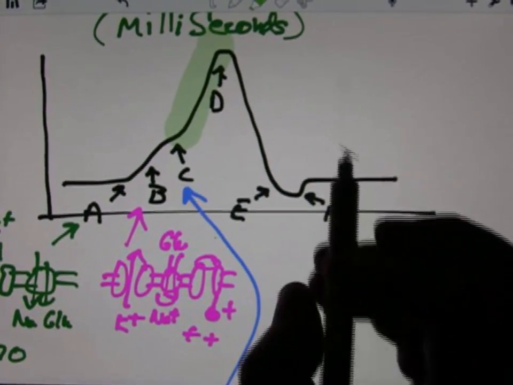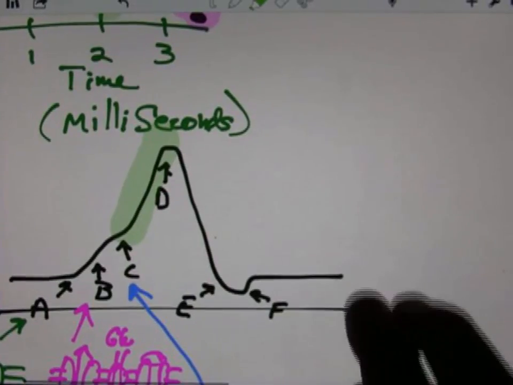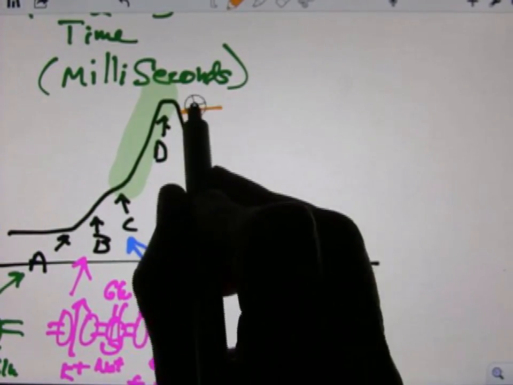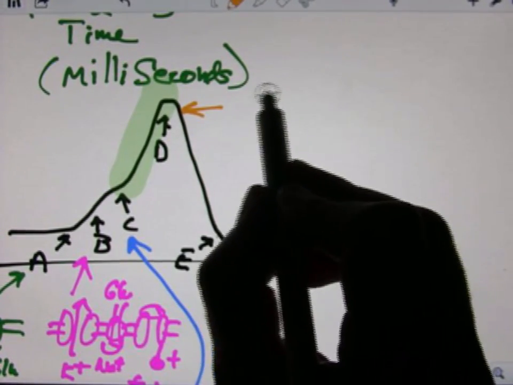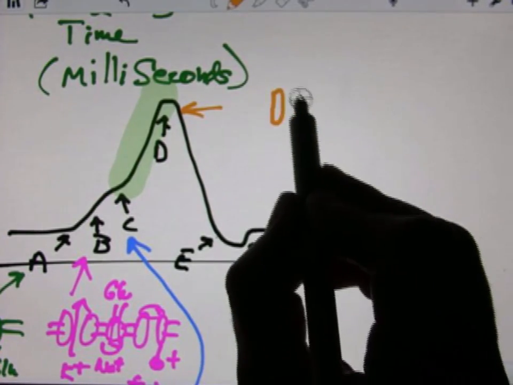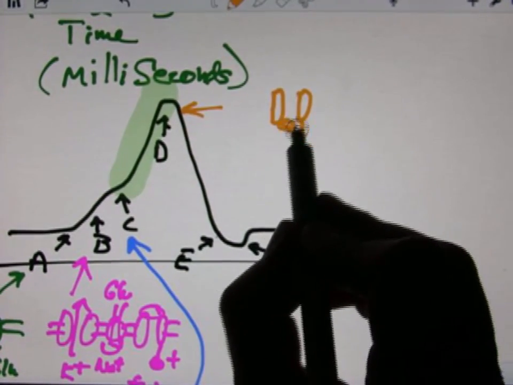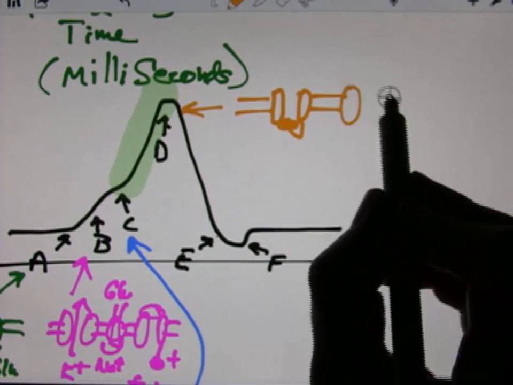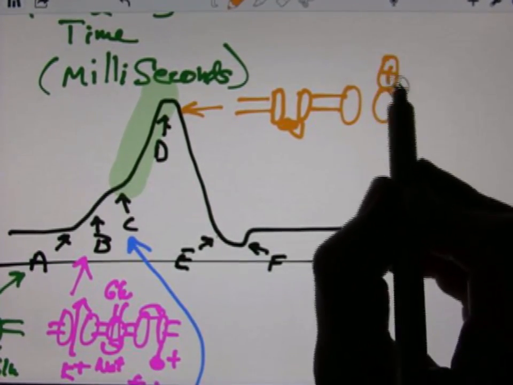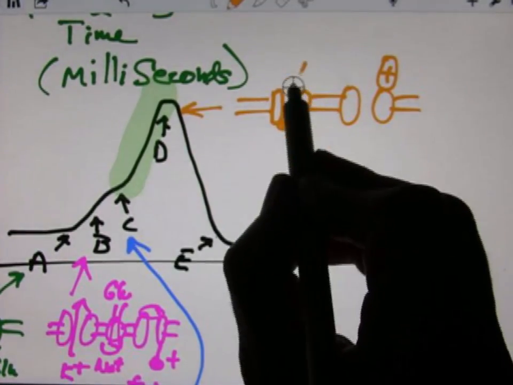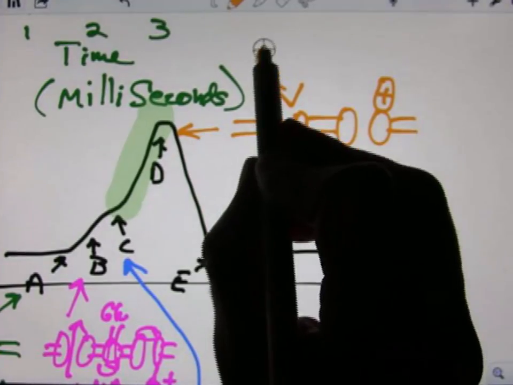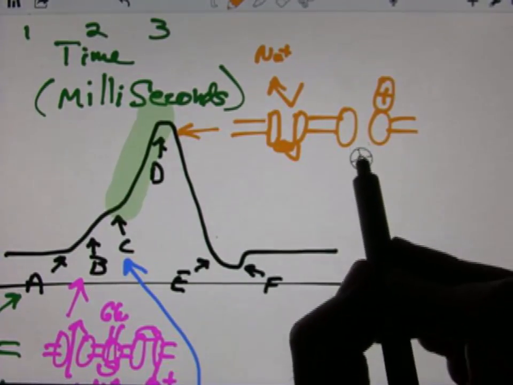Okay. At D, we're at around plus 30. The inactivation gates have closed. I'm not drawing the leak channels now. Voltage-gated potassium channels open, so sodium is no longer able to get in. But now potassium is leaving.